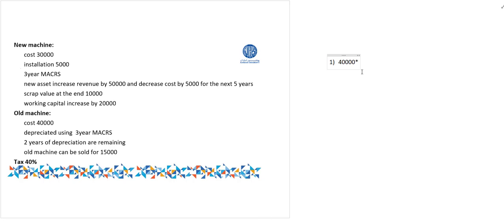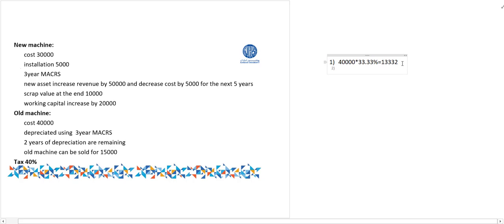If it comes under the 3 years MACRS class, it means it is multiplied by 33.33%, right? So multiplied equals how much? So this was the amount of depreciation. It means it is already charged for the project, right?